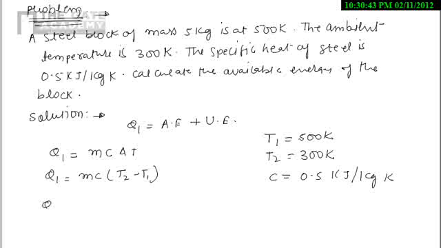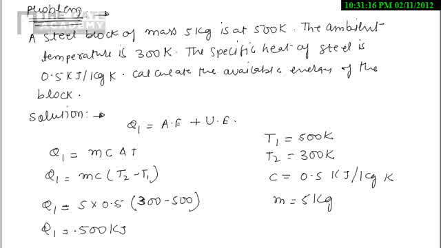Now first calculate Q1. Q1 will be M, that is 5 kg, into C, 0.5, into T2 minus T1, 300 minus 500. So Q1 will be 5 into 0.5 into 200, it will be 500 kilojoule.